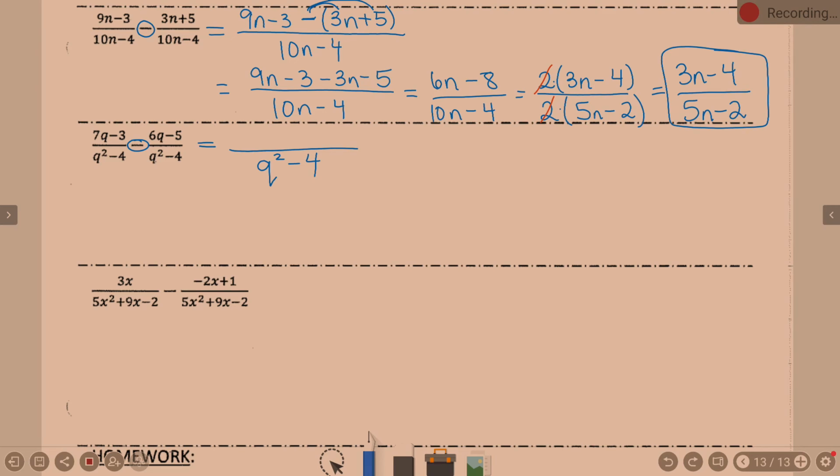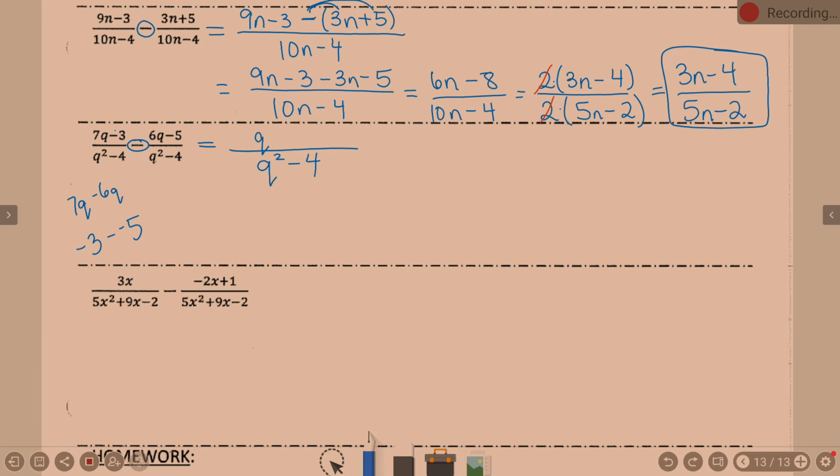What are we doing here? Subtracting. So 7q minus 6q is 1q. Can I just write q? Yeah. Then what else do we do? -3 minus -5.